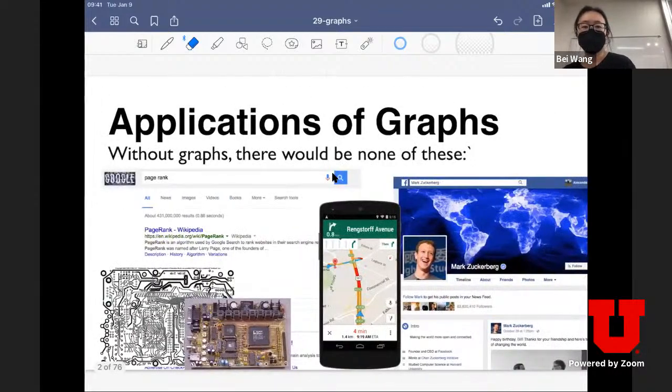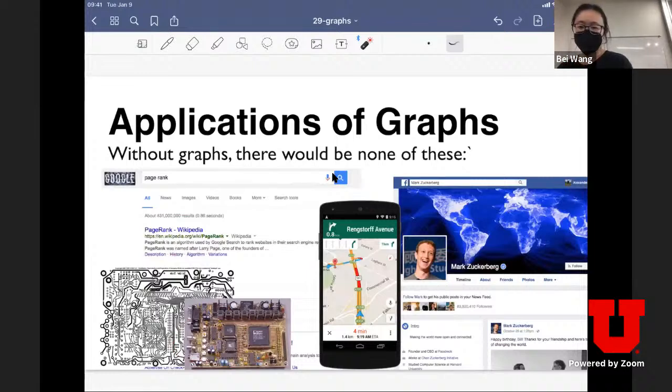There are many applications of graphs. They go into things like path planning, social networks, circuitry planning, and your daily search, which is based on PageRank. That can in some form be considered a graph algorithm.